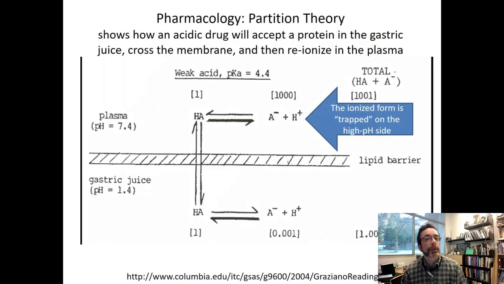Here's how understanding what pKa does for you helps you understand how an acidic drug can actually pass through the membrane if the acidic drug is taken orally. This shows you if you have an acidic drug that comes into the stomach. It starts off, let's say that you eat a drug that has an ionizable group.